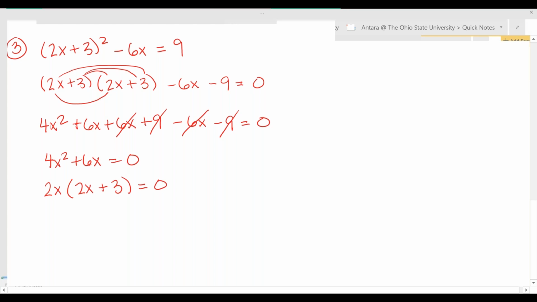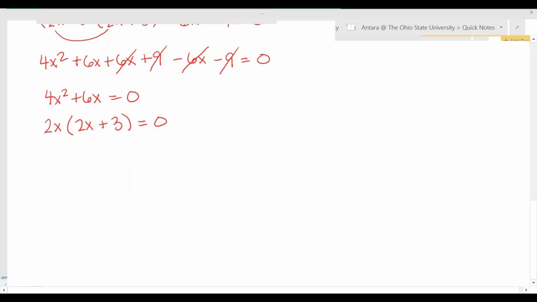And that's still equal to 0. So just like in the past two examples, we have these two expressions that are equal to 0. So we can simplify them into two separate equations equal to 0. So we have 2x equals 0, and then we have 2x plus 3 equals 0.